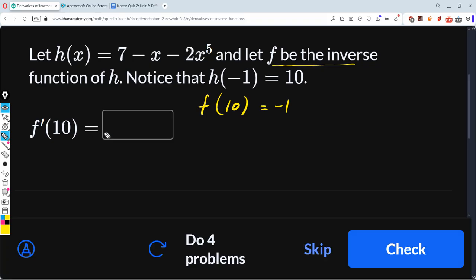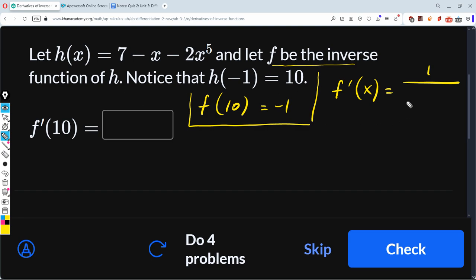All right, since we're looking to find f prime of 10, let us begin with f prime of x. All right, for the inverse function, it's going to be 1 over the derivative of the original, so that's h prime of f of x.